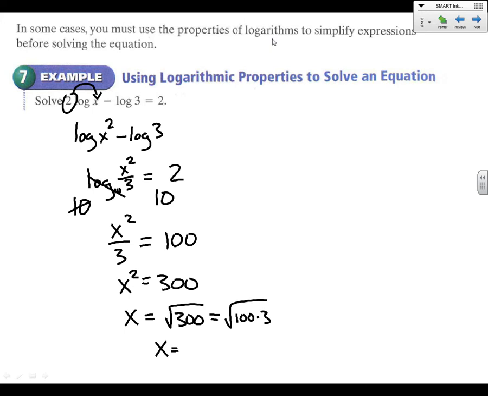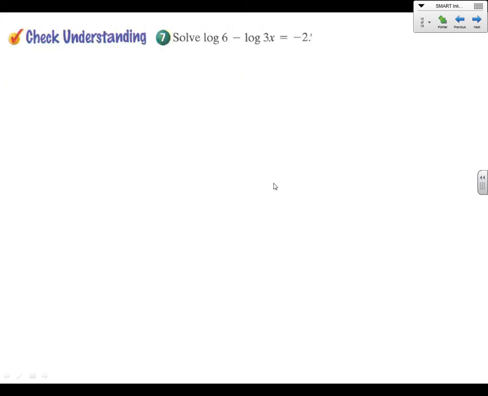So x equals 10 root 3. Okay? And only positive, because you cannot do logarithms of negatives. Right? You can never do a logarithm of a negative number. And if we put in negative right here, that's what we'd be doing. So can't do that. Only the positive.